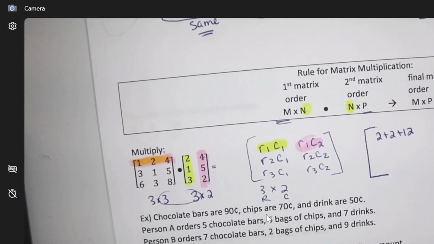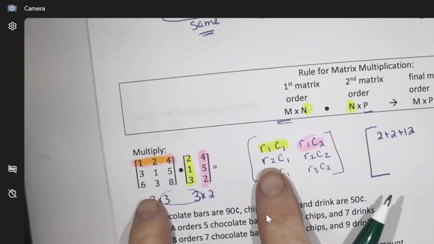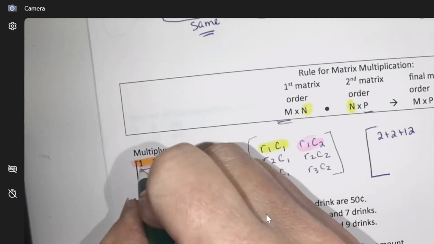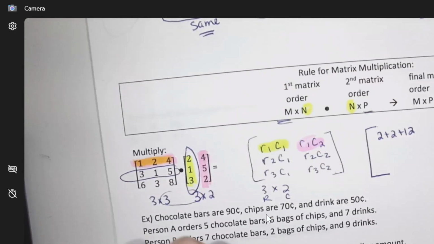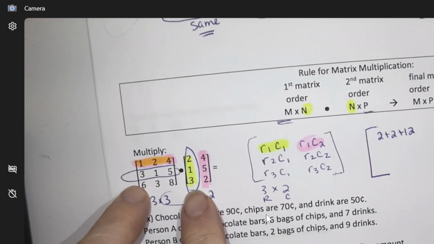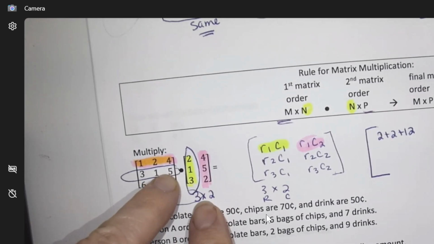Okay, shall I let you try the next combos? Is that okay? So row 2. So here's my circled pen here. This is row 2 and column 1 together.